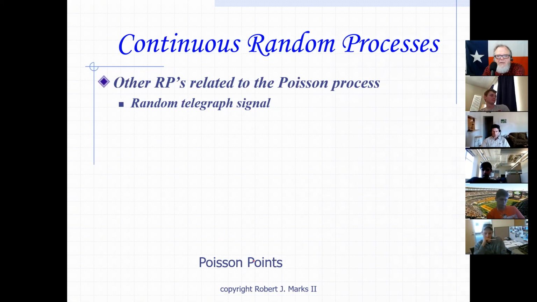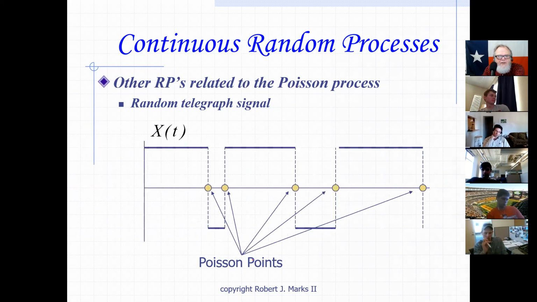There are different processes also related to the Poisson process. One is the random telegraph signal, wherein you have a number of Poisson points, as you can see here. Every time you hit a Poisson point, you can think of a light switch: you switch the light switch to the different state.